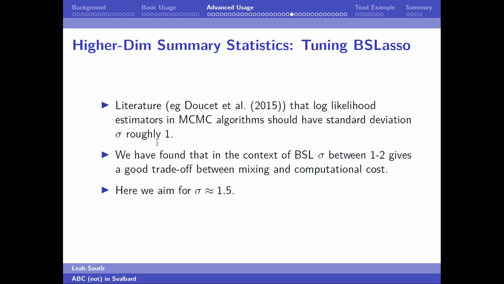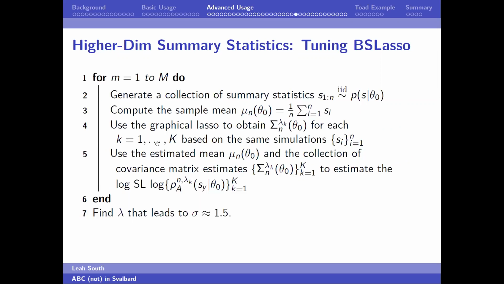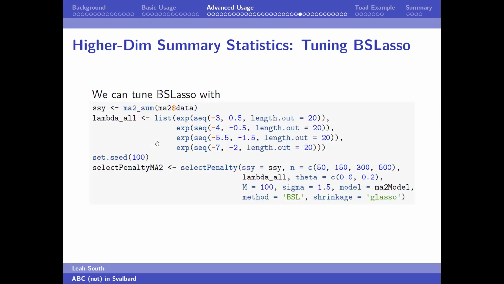We're going to be doing our tuning to aim for a standard deviation of the log likelihood of roughly 1.5. That's based on literature saying that can be a good approach in these contexts. This is some code for doing our tuning. You can see that we've got the summary statistics of our observed data set, and we're plugging in a few different values of n.